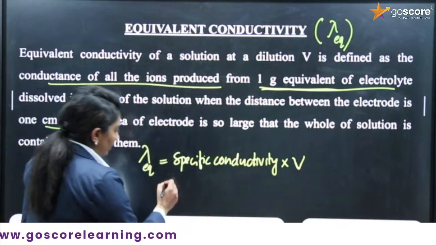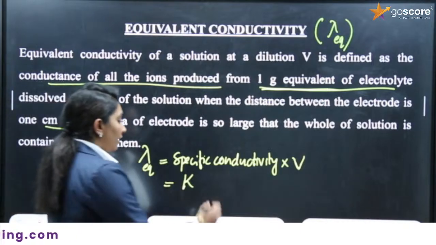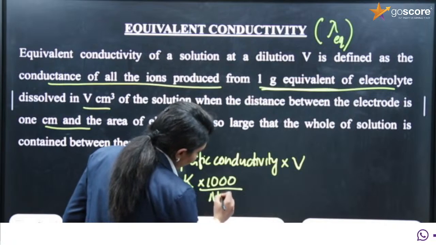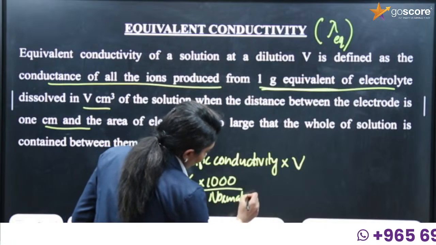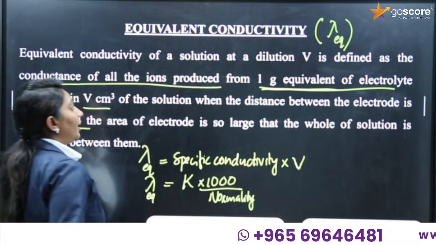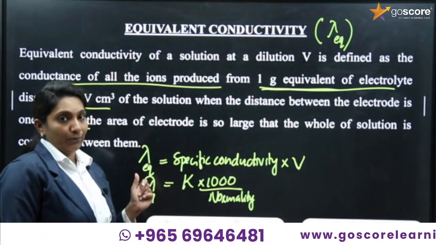So I can rewrite it as specific conductivity, kappa, into 1000 divided by normality. This is the equation for equivalent conductivity, lambda equivalent.